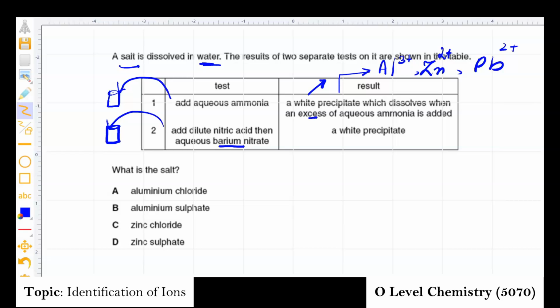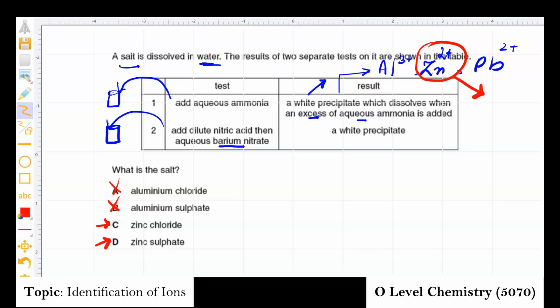But when you add excess ammonia to the same tube and the precipitate dissolves, that identifies zinc. Only zinc ions dissolve in excess ammonia. So in this way, two options are incorrect and you are left with zinc chloride and zinc sulfate.